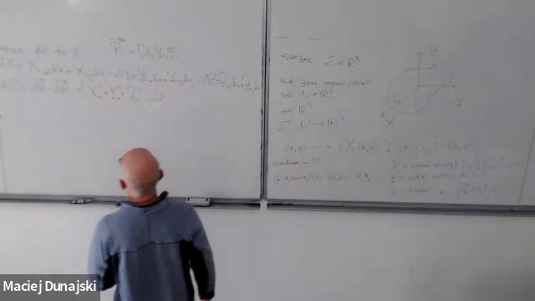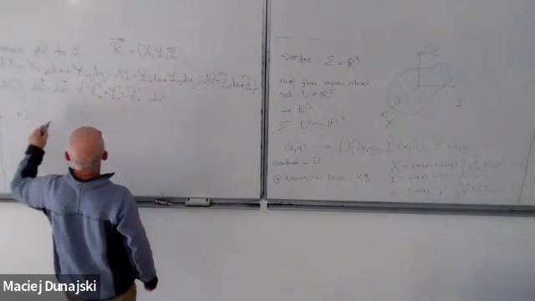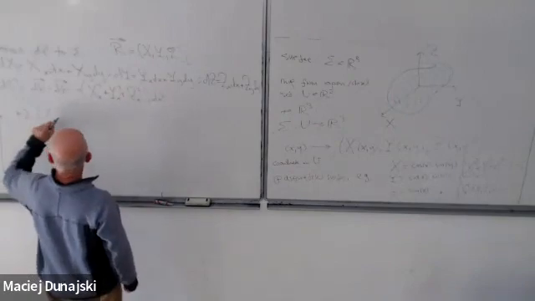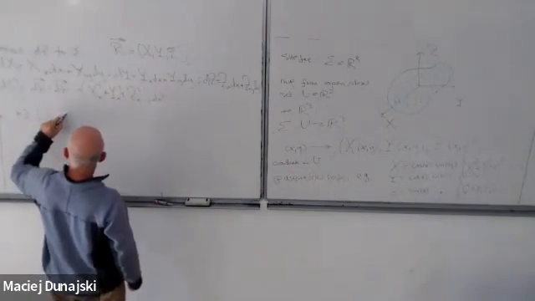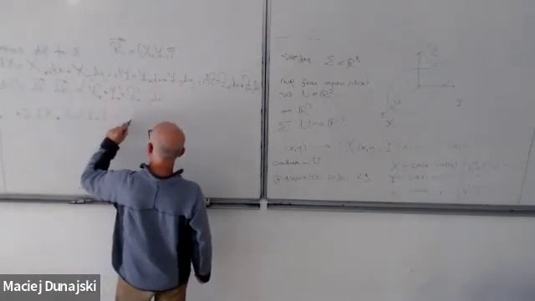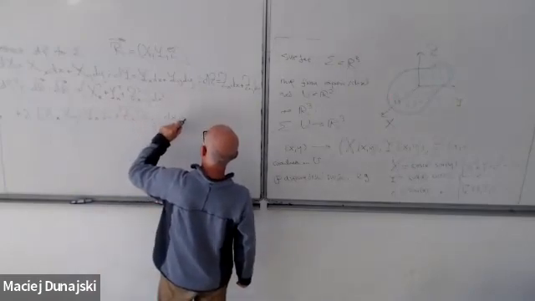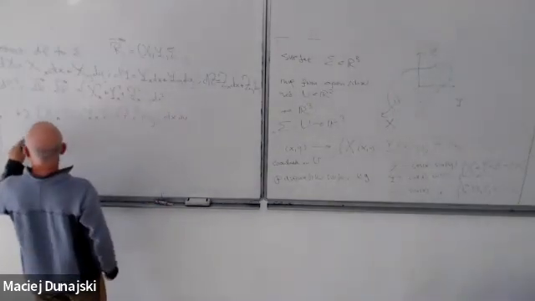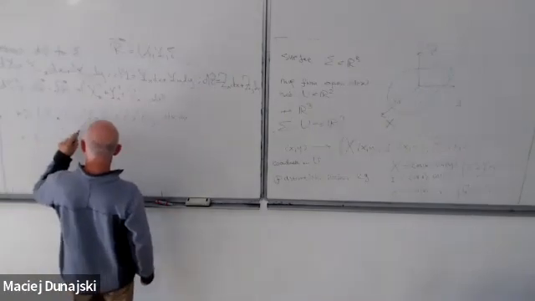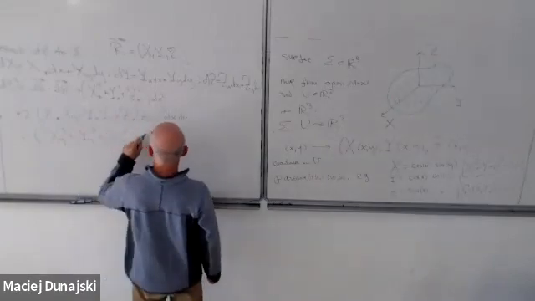And there'll be the cross terms, plus 2 times (x_x x_y plus y_x y_y plus z_x z_y) dx dy, plus (x_y squared plus y_y squared plus z_y squared) dy squared.